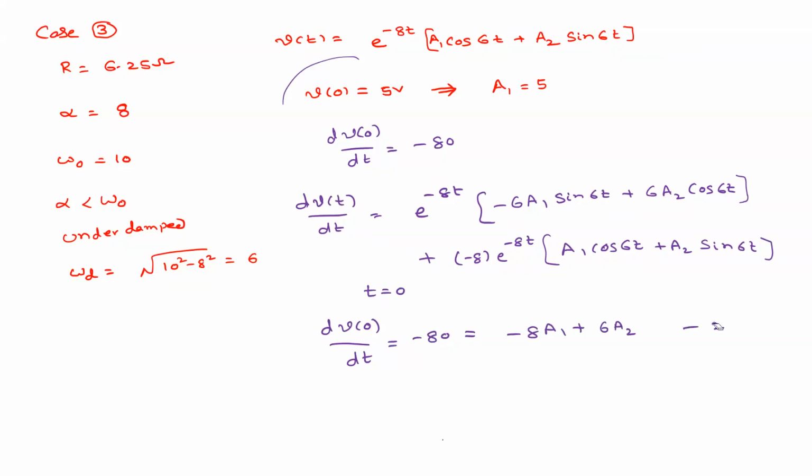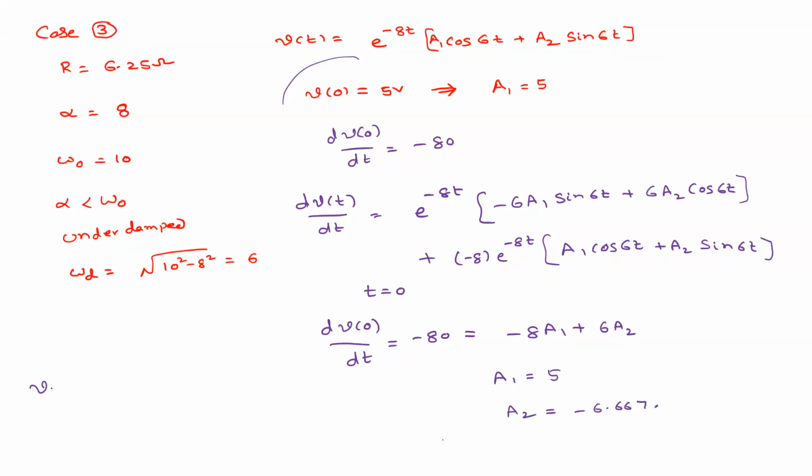I already know the value of a1, so from that you can do the rest. You can calculate a1 as 5. So what is the a2 value? Minus 20 by 3, which means minus 6.667. Correct?